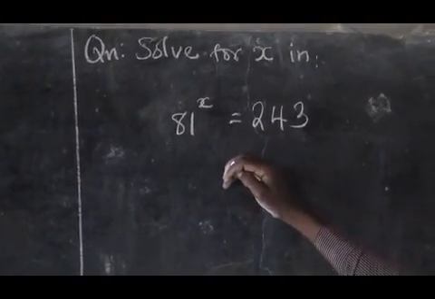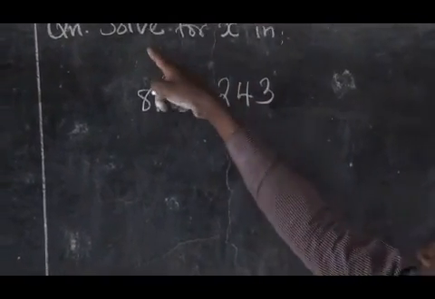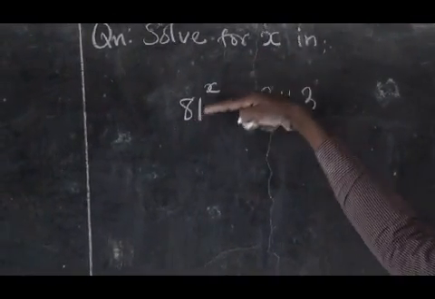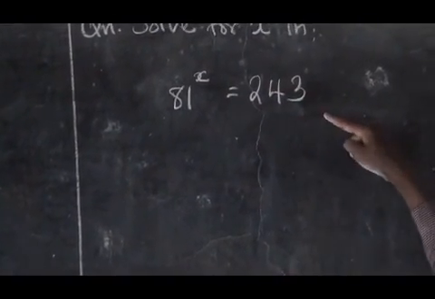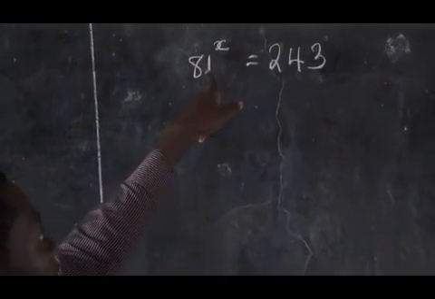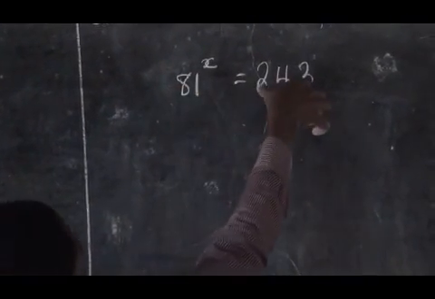And if they are indices, it means we have to get a way of handling them. Now, solve for x in this. You see, there is 81 power something is equal to this. Now you go to your calculator and think of a number which is a factor here and a factor here.